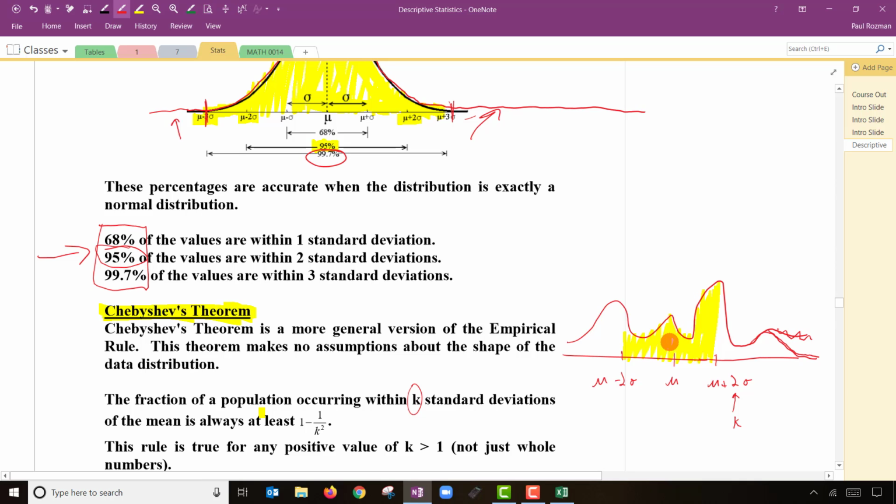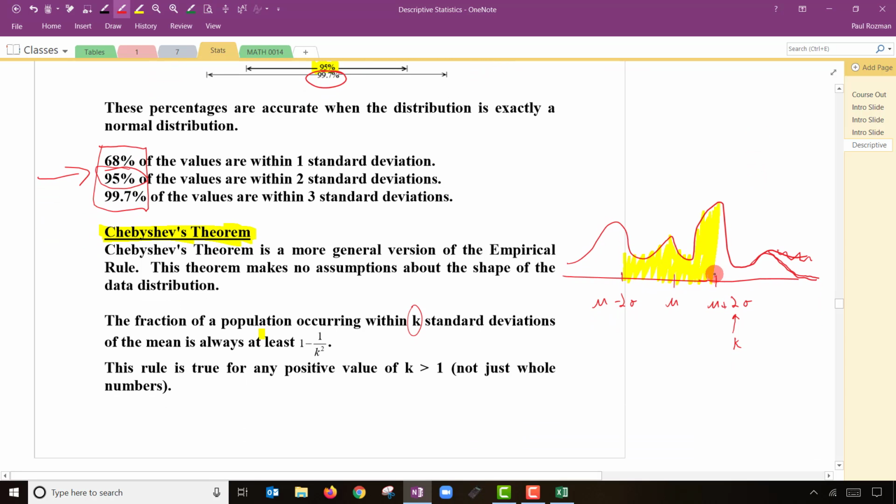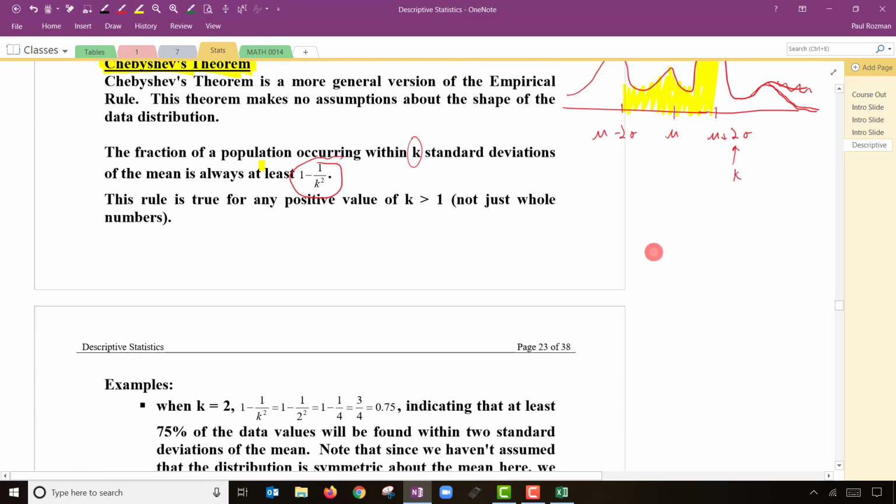It may not be, right? It's harder to judge when you have a different shape. But Chebyshev has a formula that gives us this percentage, and it's just 1 minus 1 over k squared, which is pretty cool. I did those calculations on the next page.